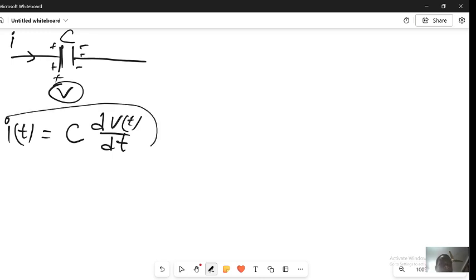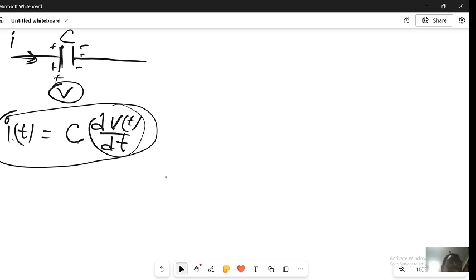That's the formula, the relation between the current flowing in the capacitor, the voltage, and the capacitance. The current flowing in the capacitor equals the capacitance multiplied by the derivative of the voltage with respect to t.